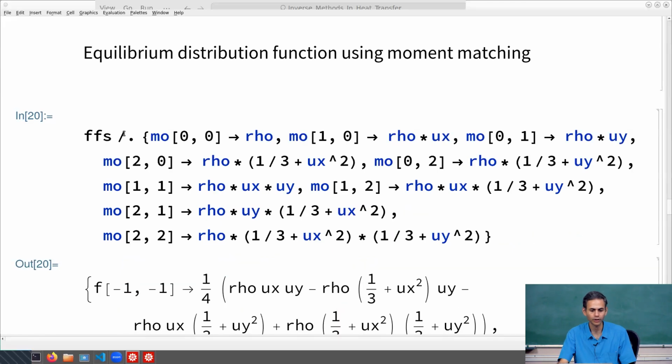Here we're substituting for the f's, replacing the moment variable names with the macroscopic properties, right? Rho, ux, uy, ij, yes.